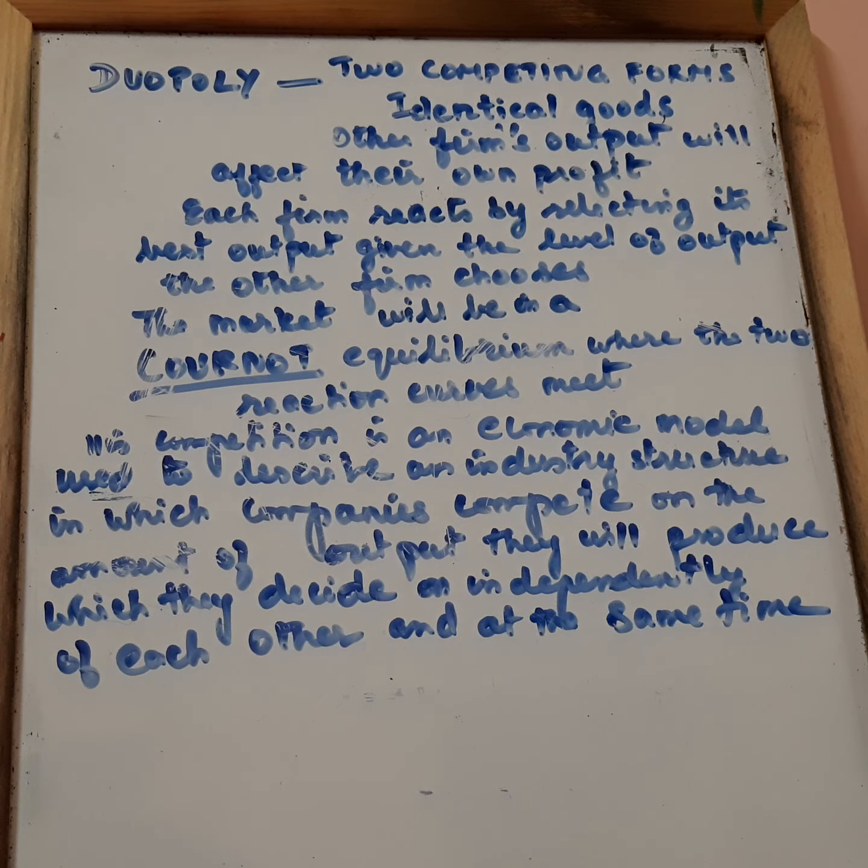If firm A thinks that firm B will produce nothing, firm A will select the low output of a monopolist to maximize profits. On the other hand, if firm A thinks that firm B will produce a high output, firm A may choose to produce nothing because prices would fall too far to make production worthwhile.